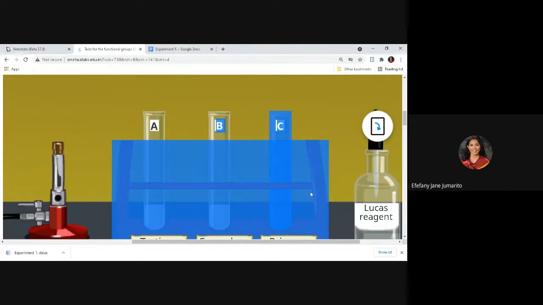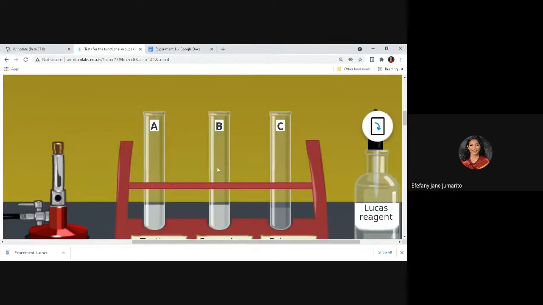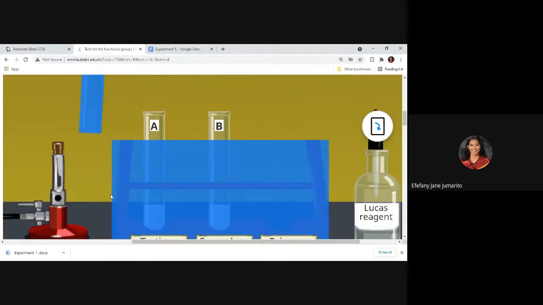As you can see, it needs a clock and it takes 5 minutes. Now when we do test tube C, we shake.